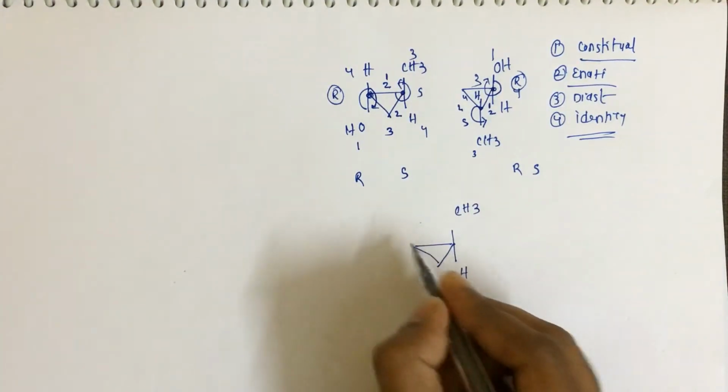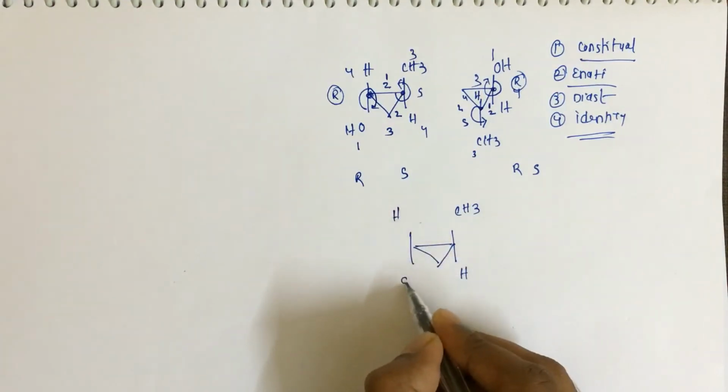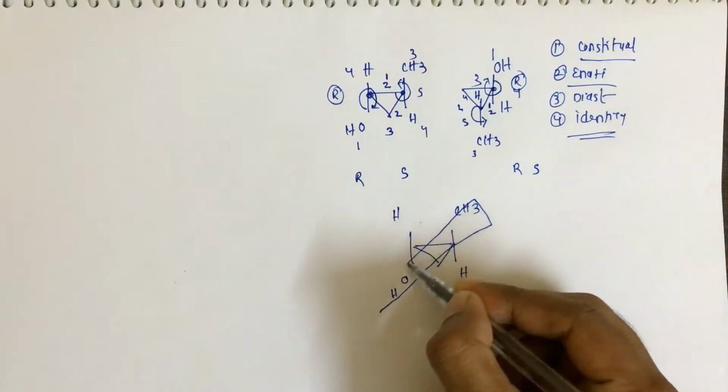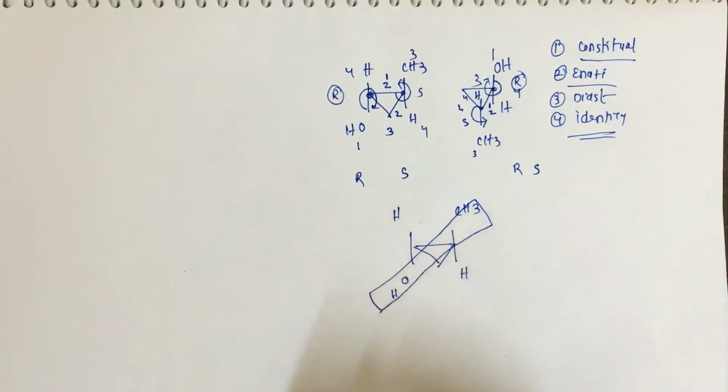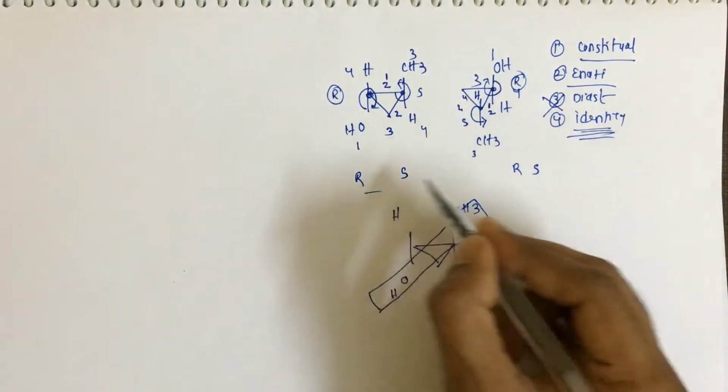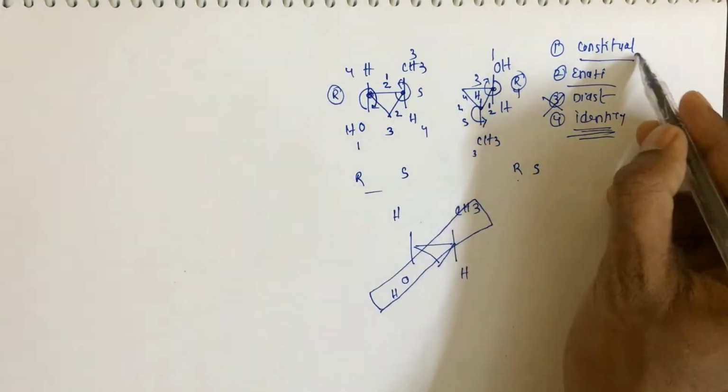Like when we have it like this, we can pass a plane like this, so that we can apply the symmetry. So it cannot be diastereomers, or it can be identical, because RS and RS is there. So these three are the options.